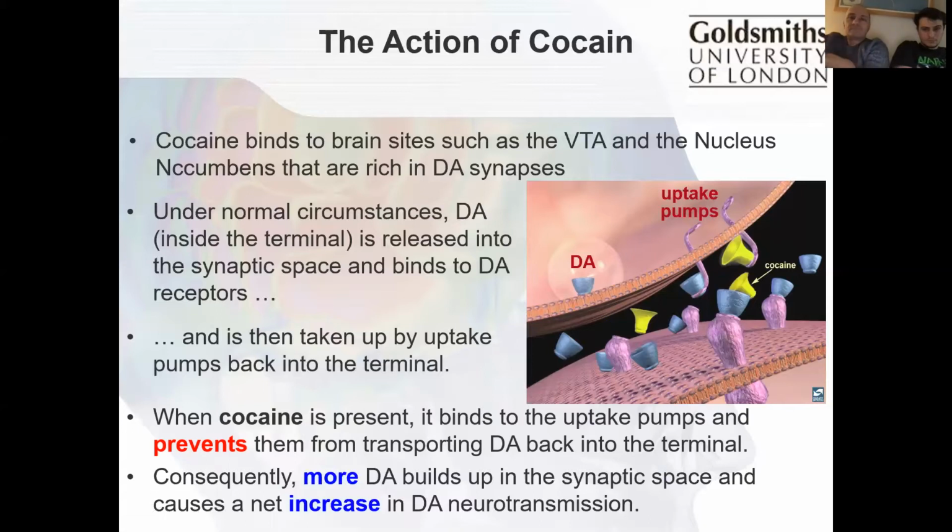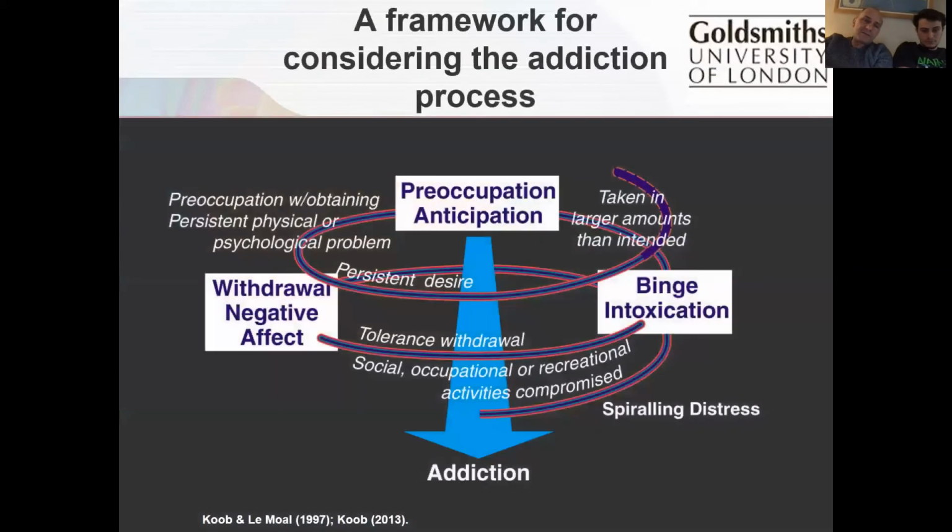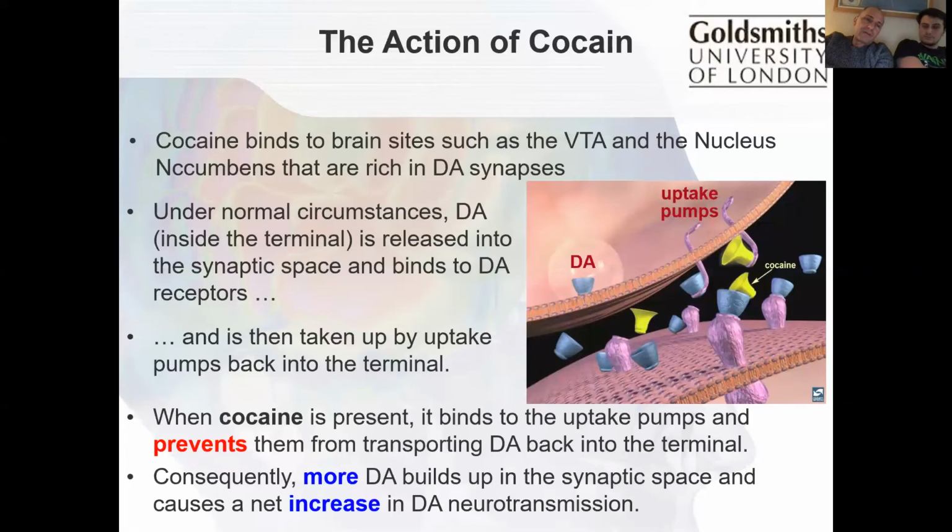Okay. So in both substances, we have a longer time for dopamine in the synaptic cleft. Yes, and it's happening in different ways, but the final result is the same.